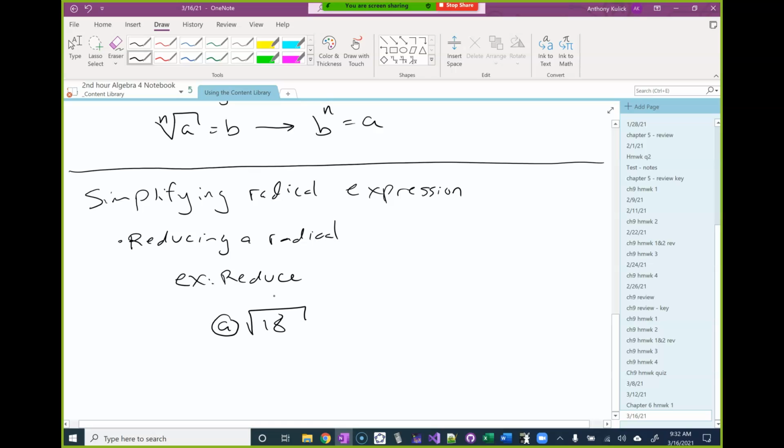Also, you should just look at that on sight and be able to recognize it from what you know about these relatively small numbers. However, there is a perfect square that's a factor of 18, right? What perfect square is a factor of 18?